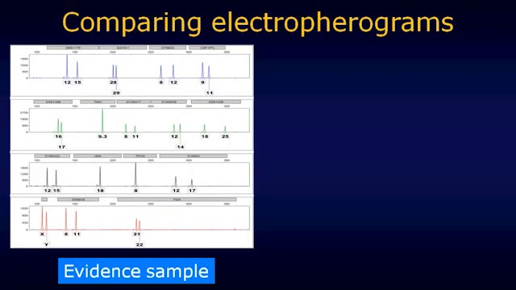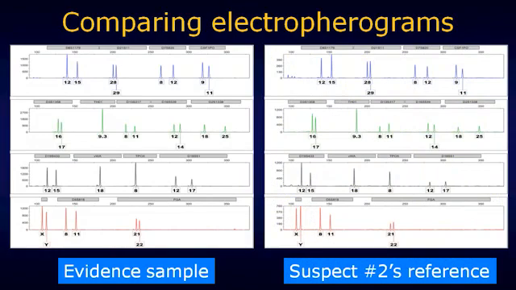So when we move on, what do we need to do? Well, once again, we're going to need to do some comparisons between the evidence sample and another suspect's sample. And so the evidence sample here hasn't changed at all, but now we're going to consider a different suspect. And what do you see when you start doing that same locus by locus comparison we did for suspect number 1?